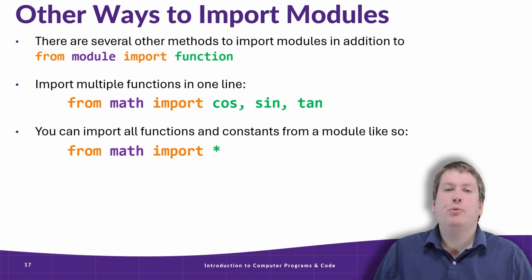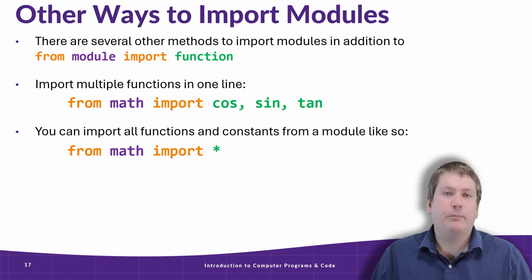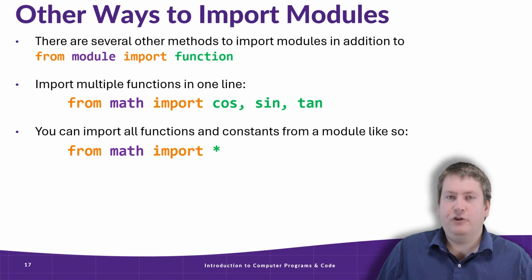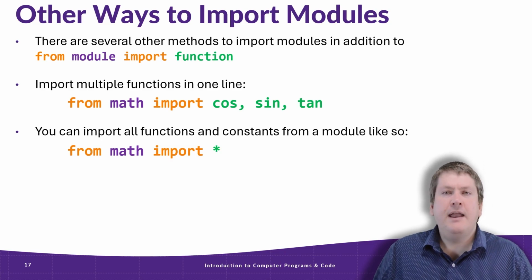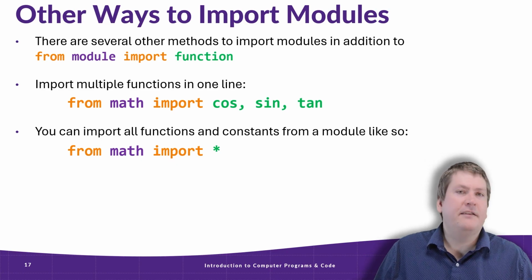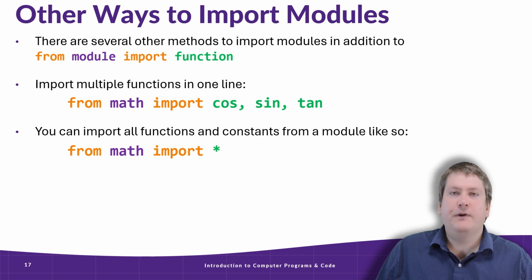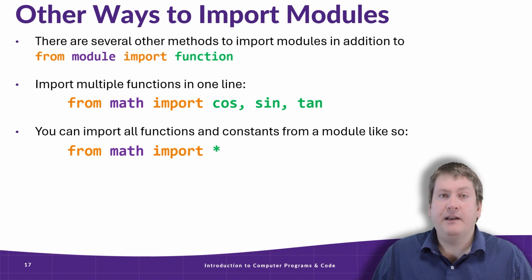This example would import everything in the math module into our program. One reason we might not want to do this is that it would bind variable identifier names for all of the functions and variables in the math module, and this could conflict with our own names. For example, this would bind the name e to the constant for Euler's number, and that could interfere with e in our program if we already defined it.